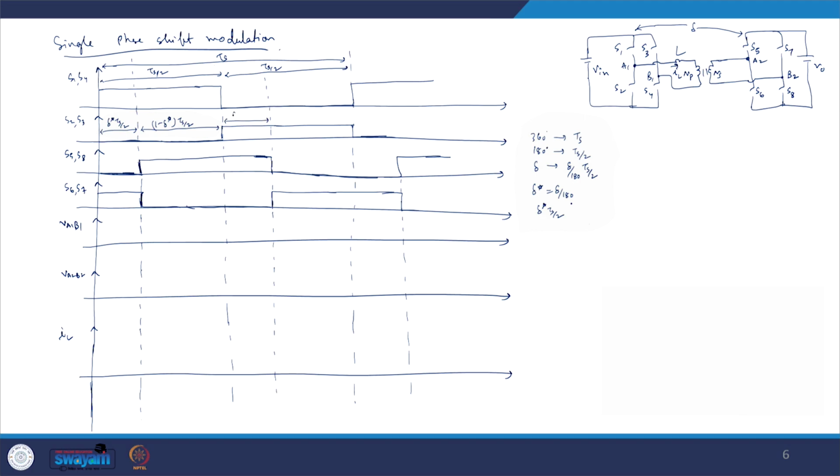Similarly this is also delta star Ts by 2, and this one is again 1 minus delta star Ts by 2 period.